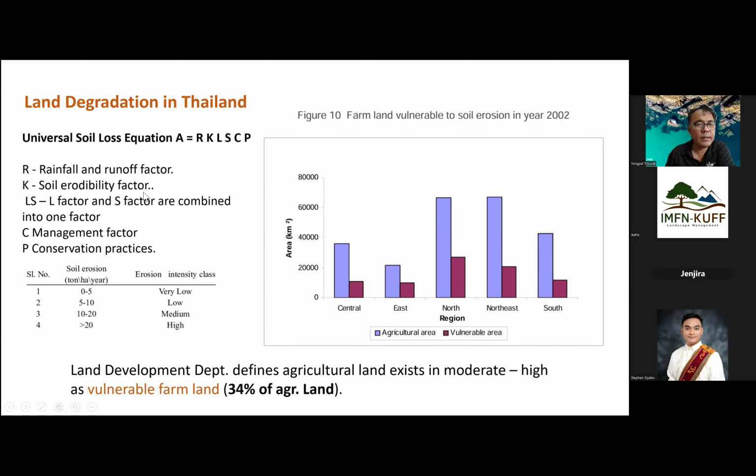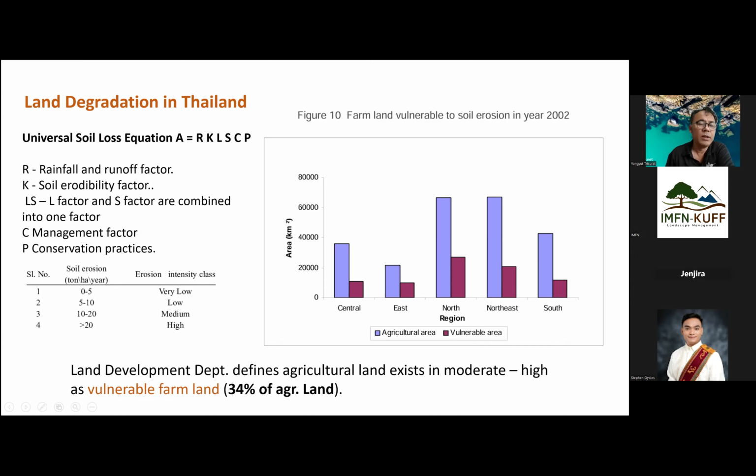And this one is the slope length and steepness. L is the length of the slope. If we have a high slope and the length is very long, it has a lot of momentum, the key factor. C is the crop management factor.